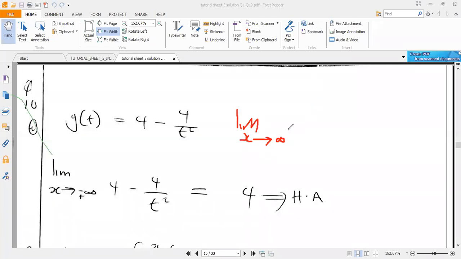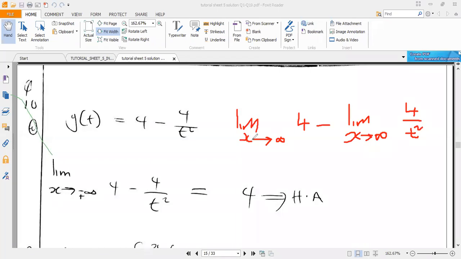So let's use positive infinity of 4 minus the limit as x approaches infinity of 4 over t squared. You are seeing it?